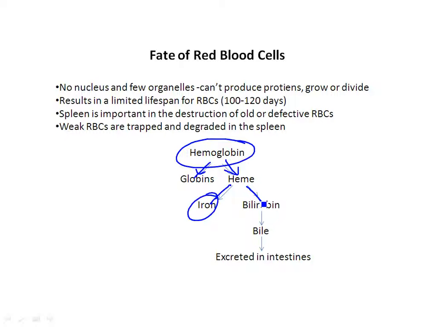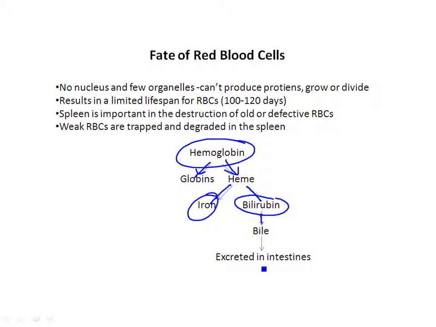Now, bilirubin is going to be taken to your liver, and it will be processed, and it will be excreted in bile. And you're going to learn later on that bile is used to break down fats and stuff like that. But anyway, it's excreted into your intestines. So these bilirubin leftovers go into your bile, and then that gets excreted into your intestines.